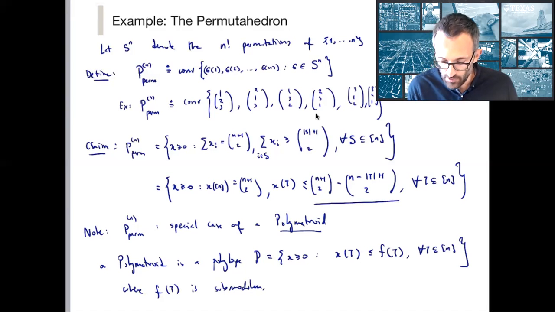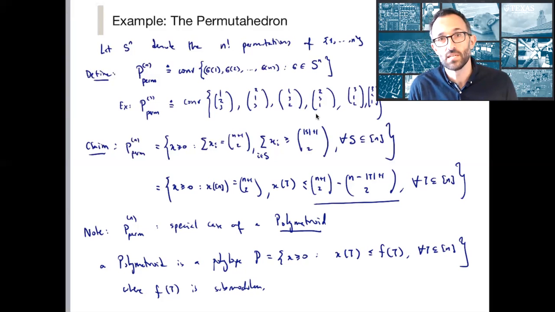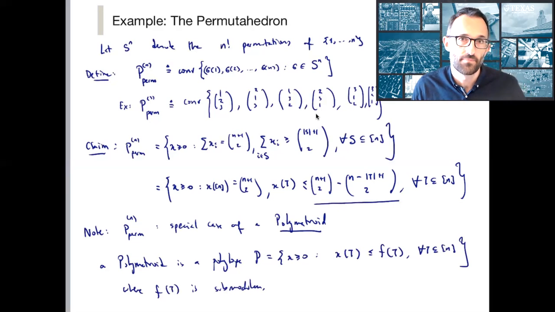And you can see that this right-hand side, well, this is a set function, so we can call this f of T. You can see that f of T only depends on the cardinality of T. So f of T is some scalar function of the cardinality of T. And just by expanding the n choose k terms, you'll see that this is a concave function of the cardinality of T. And you can do this as an exercise.